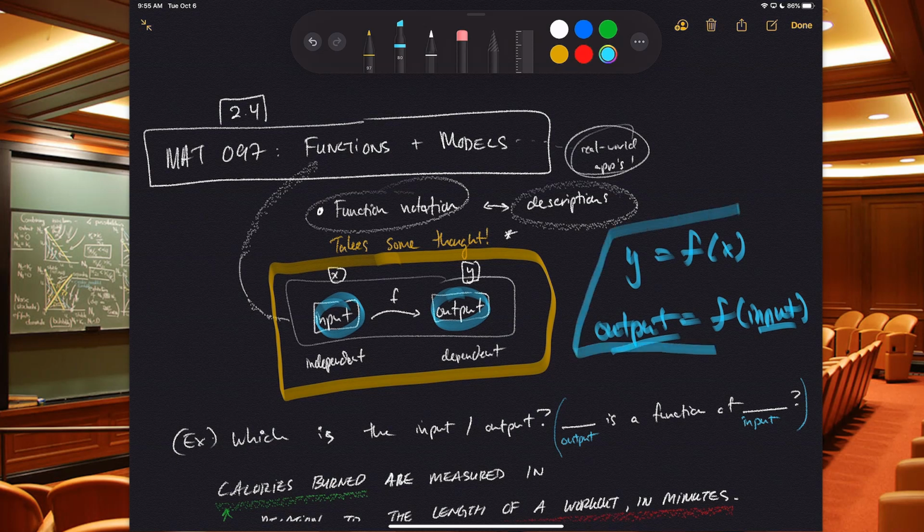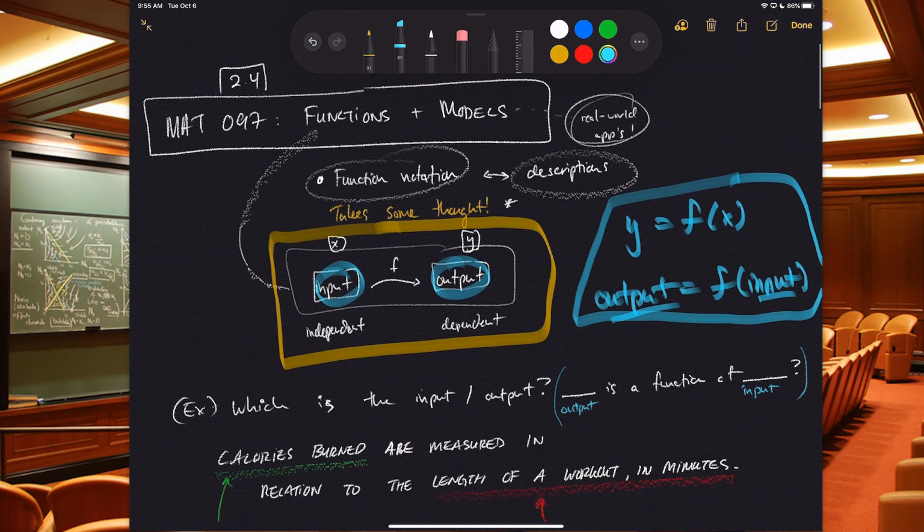Getting the order down with the function notation as well as the verbal description. And then again, taking some time to think about what's the most natural choice. So these do require a little bit of contemplation. It's not a quick fire thing, and you might be able to talk yourself in and out of certain choices, and that's a good thing. As long as you have a solid rationale for what you've chosen as input and output, everything else should flow.